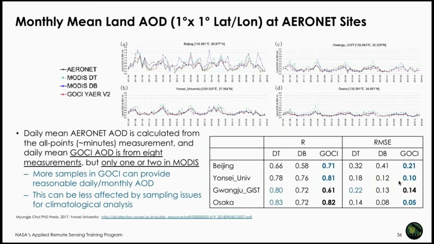The daily mean AERONET AOD can be calculated from all points. All points means several-minute temporal resolution measurement, and the daily mean AOD from GOCI is from 8 measurements during a day, but only 1 or 2 times are available from MODIS. It means that more samples from GOCI can provide reasonable daily and monthly AOD, and this can be less affected by sampling issues for climatological analysis of aerosols.